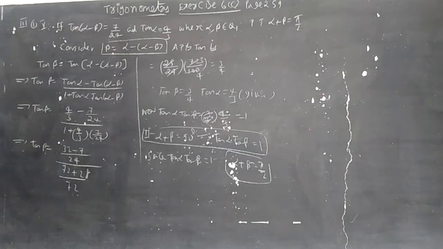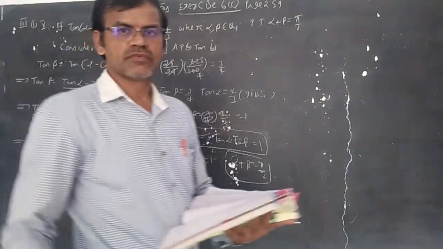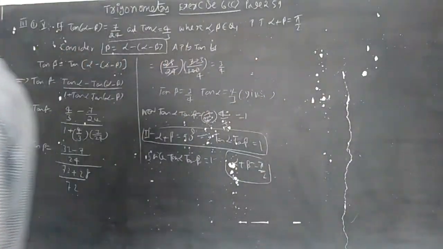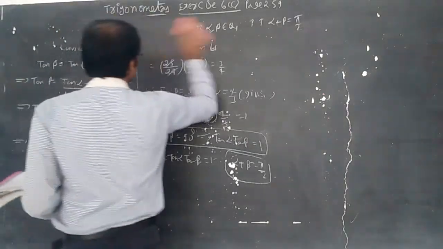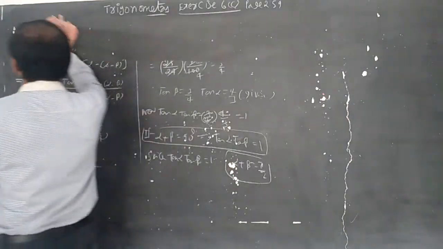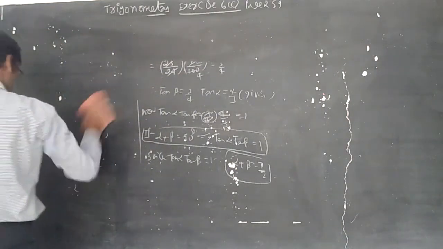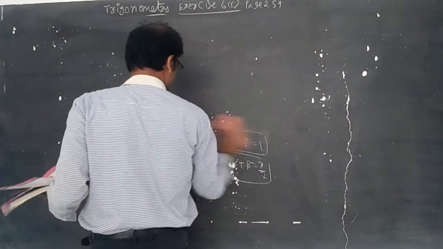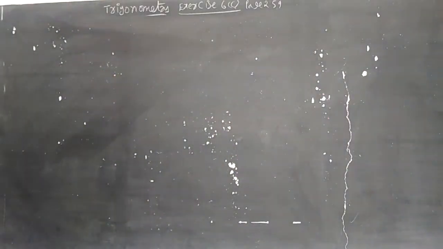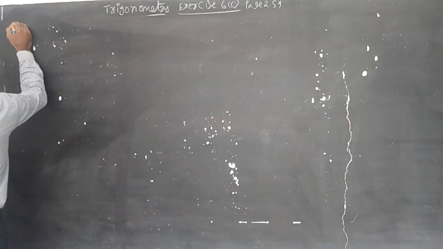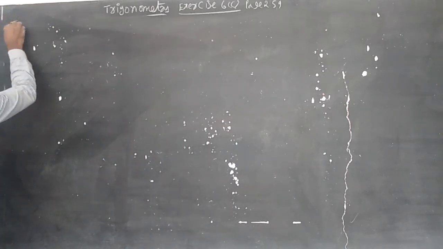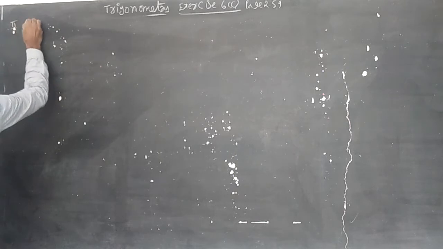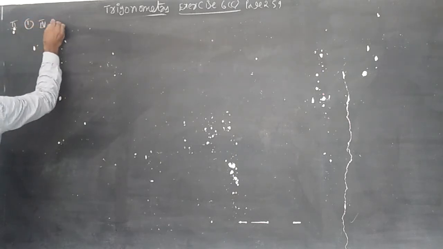Now let us discuss the fourth question. Fifth question I said, now let us discuss the fourth question. Roman number 2, general number 1, Roman number 4.